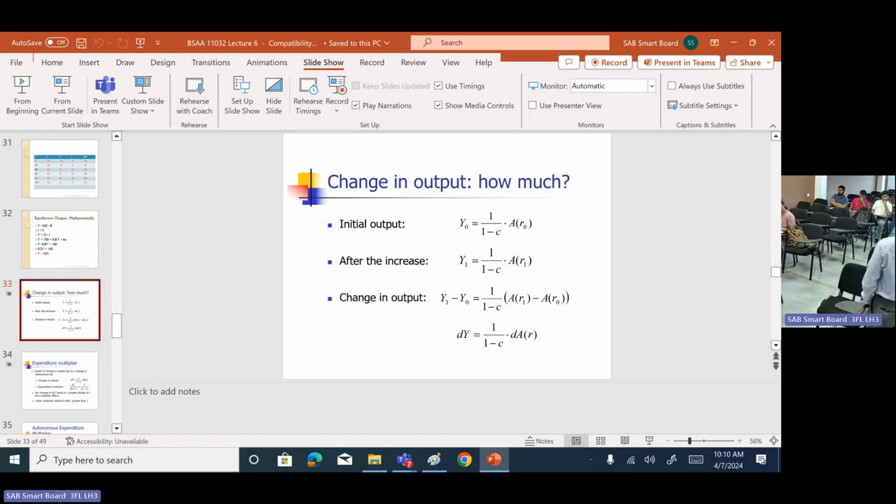We discussed the equilibrium, starting from the simple model to the complex model. We can identify different multipliers and how the multiplier works. We must be able to derive the equilibrium from the equation and then the different multipliers. Any questions?